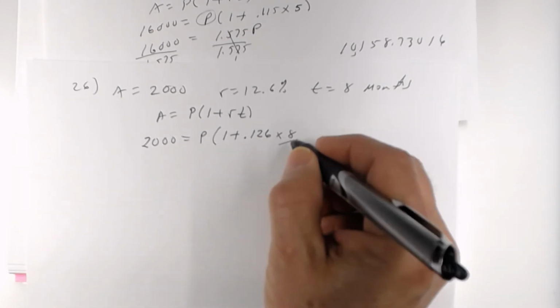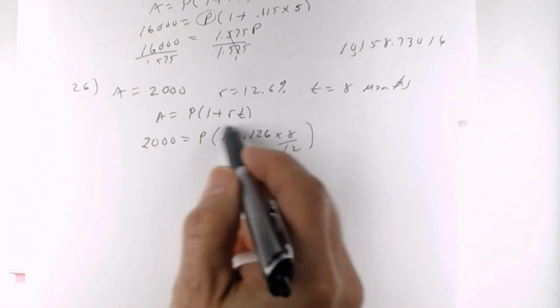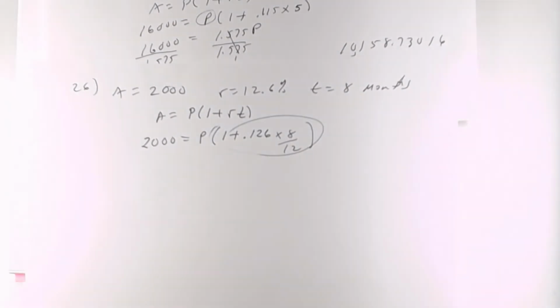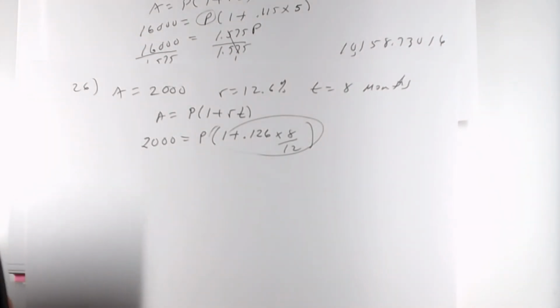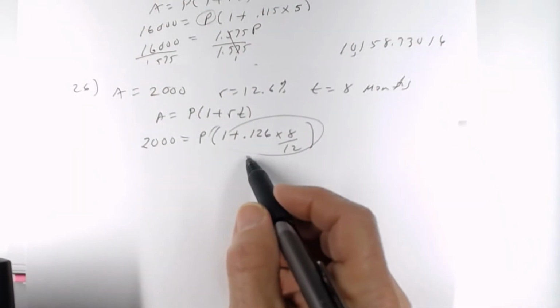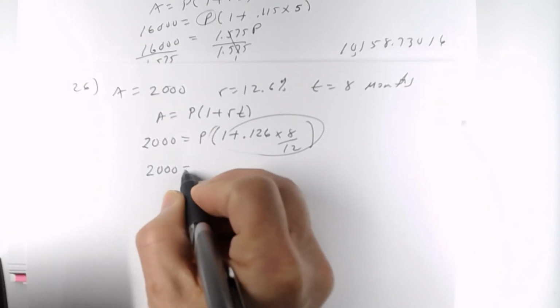So I've got to divide by 12. All right, now let's figure out what this is on the calculator. You should get 1 plus 0.126 times 8 divided by 12. You should get 1.084. Make sure that's what you got.